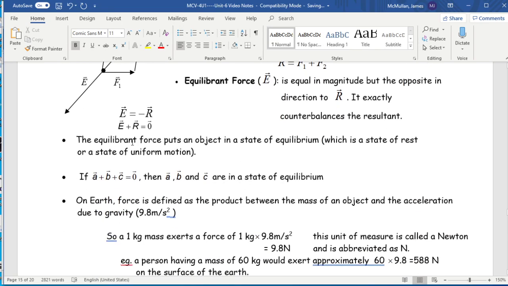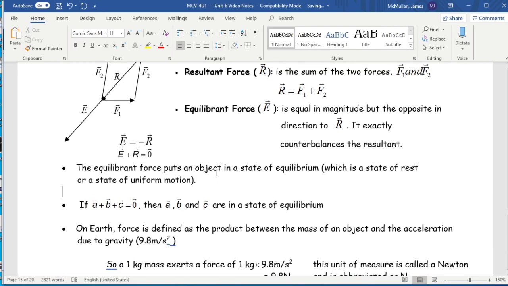Okay. Now, an object that is experiencing no net force. Let's write this another way. If an object is not accelerating, it is experiencing zero net force, and therefore all the forces acting on the object are balanced.